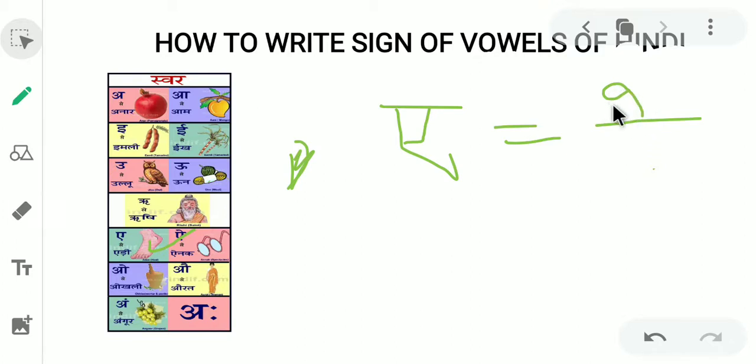Like this. And this line is just like this. You can write the sign like this.